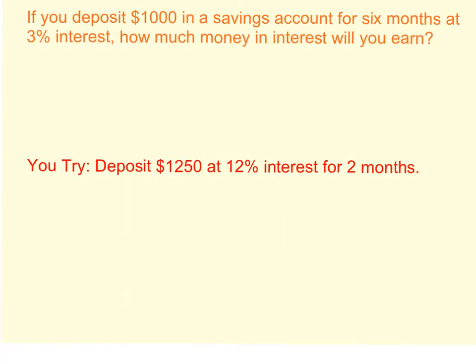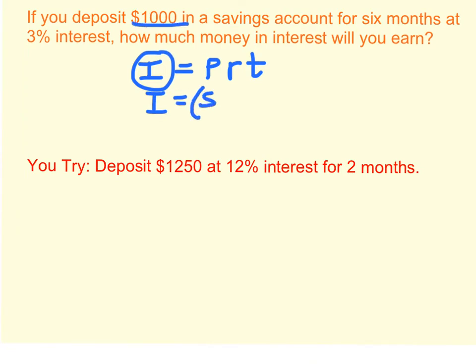All right, let's go ahead and try another one. If you deposit $1,000 into a savings account for 6 months at 3% interest, how much interest will you earn? Let's start with our formula again. The interest is what we are solving for, so we don't know how much interest we're getting. We know that we're putting $1,000 into the account. The rate is 3%.